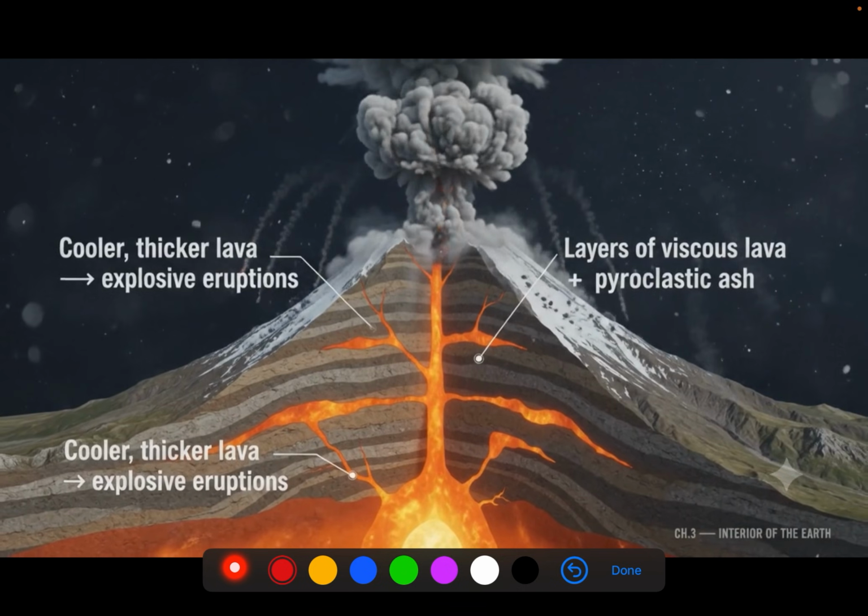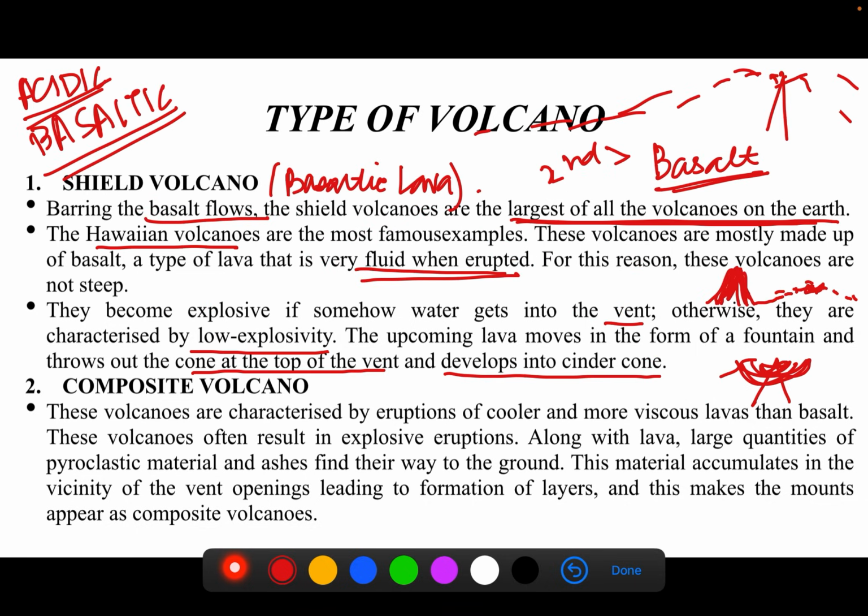So in this image, you can see that there are various layers of viscous lava or pyroclastic ash. Like this lava freezes here, it solidifies here. Next explosion solidifies here. Next explosion solidifies here. So a composite volcano is made up of various layers. Right? Let's study it now.